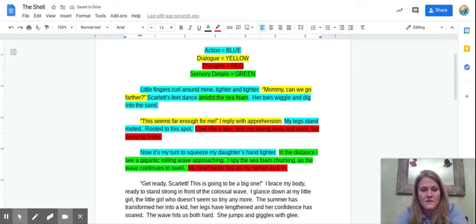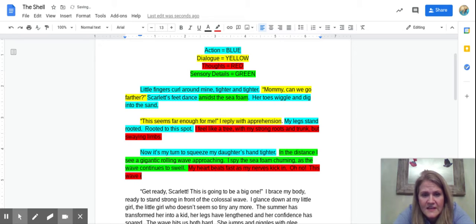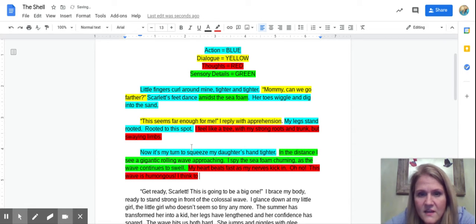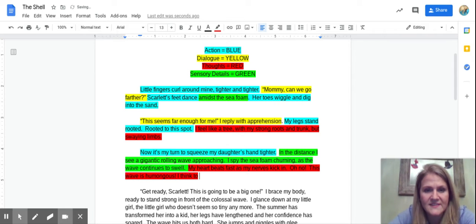So that maybe I even think, oh no. This wave is humongous, I think to myself. Okay? So I'm adding in the thoughts that I was having as I spy the wave.